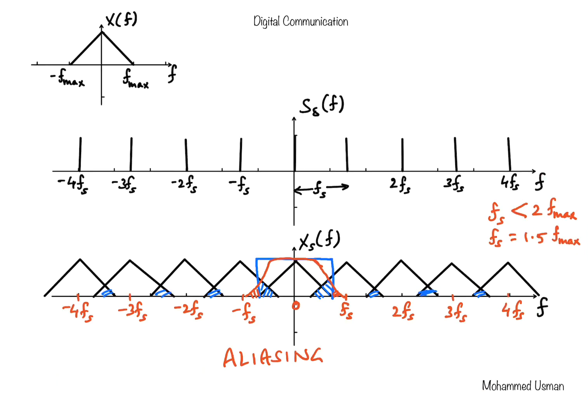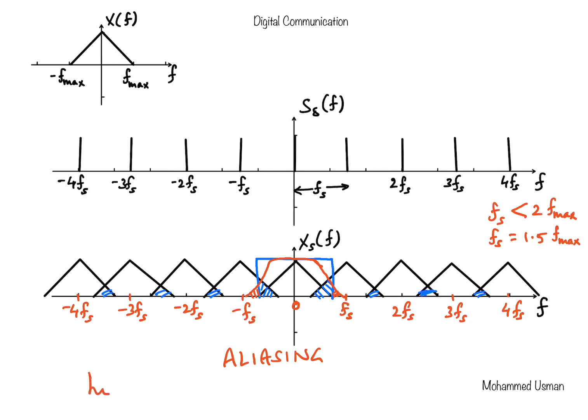And then, as you see here, when the sampling rate is below the Nyquist rate, obviously there is going to be aliasing, and with aliasing we are going to have some high frequency components getting translated as low frequency components and appearing in the reconstructed signal.